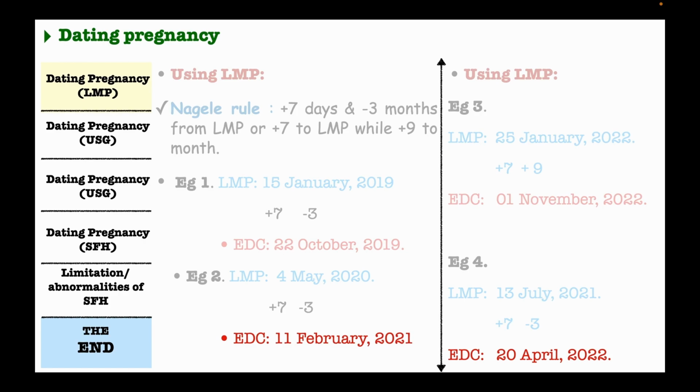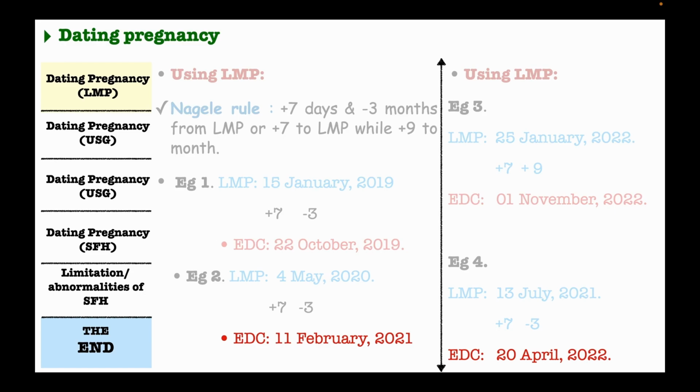Sometimes if the date of ovulation is known, especially when the pregnancy was through assisted reproductive technology, then the expected date of confinement can be calculated by adding 266 days to give us the expected date of delivery. Now, this method of dating pregnancy, however, has some limitations, especially when the date is uncertain or when the woman cannot even remember her last menstrual period.